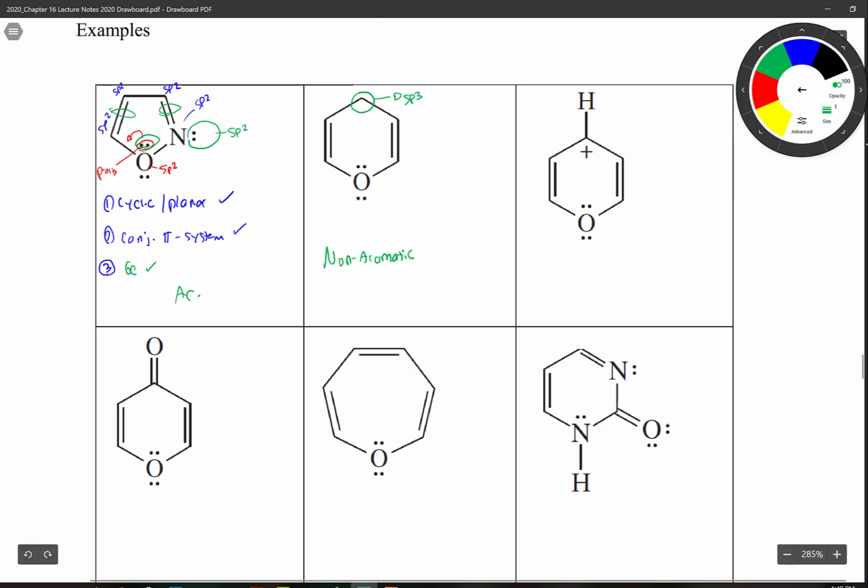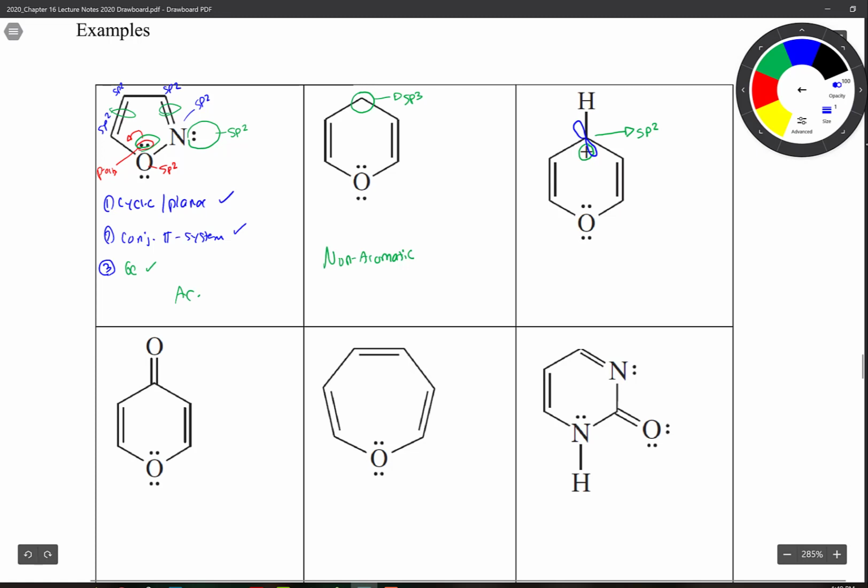Right? What about this next guy? Well, let's take a look at it. That carbon right there has a plus charge on it. And we said when that situation arises that we assign hybridization of sp2 to that carbon, which means that we have an empty p orbital pointing in and out of the plane of the page right here. So that's empty.